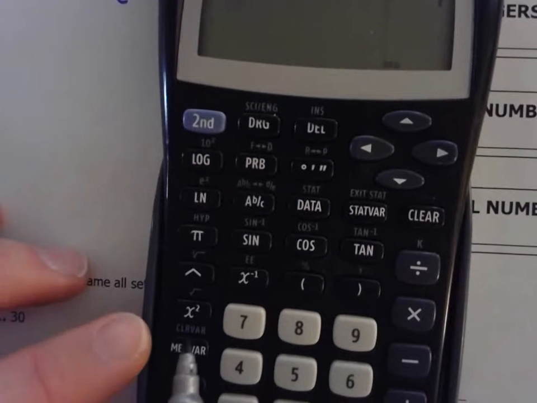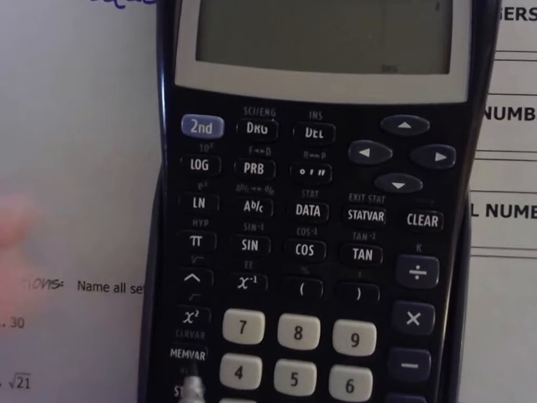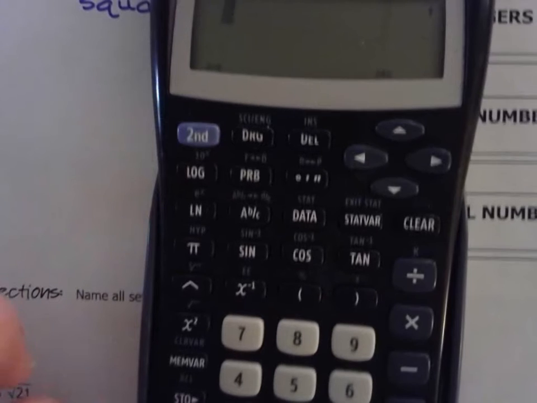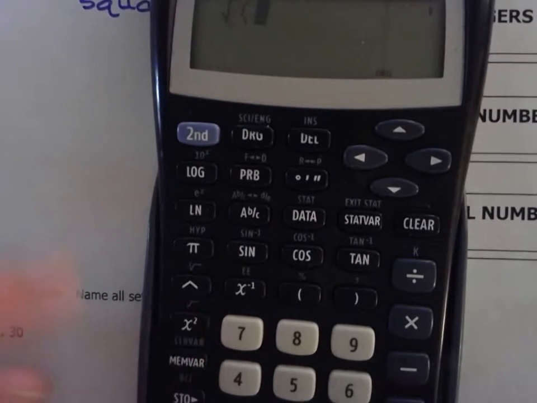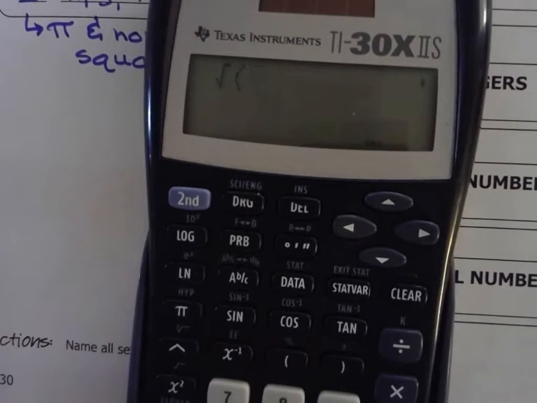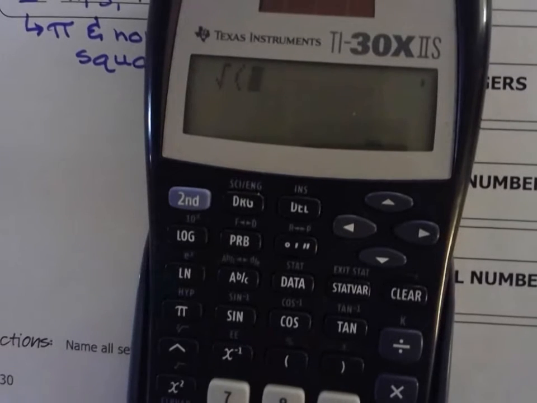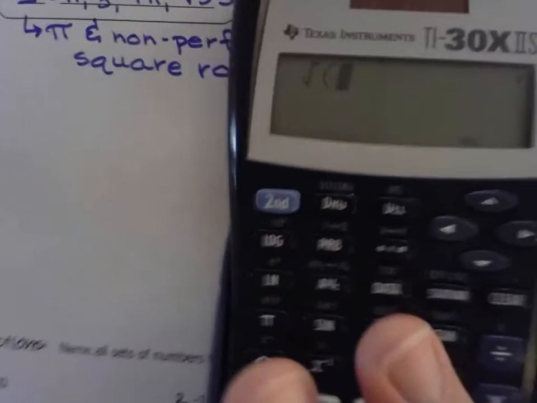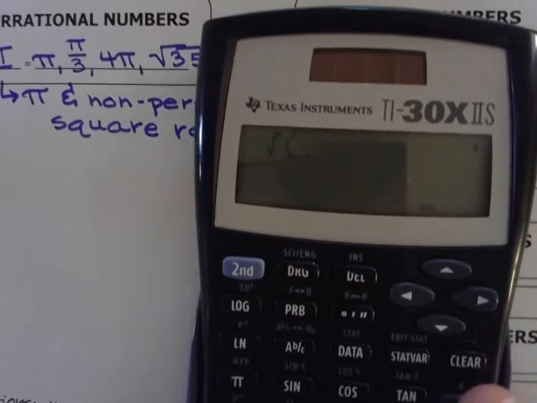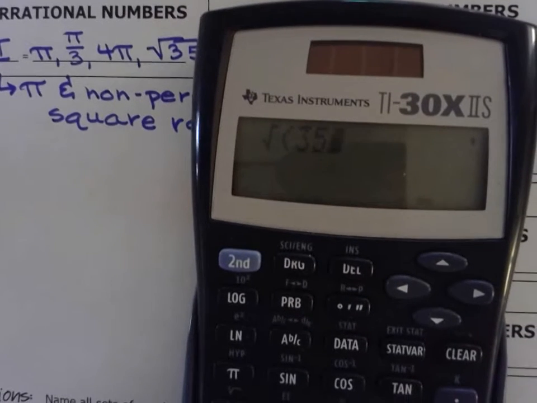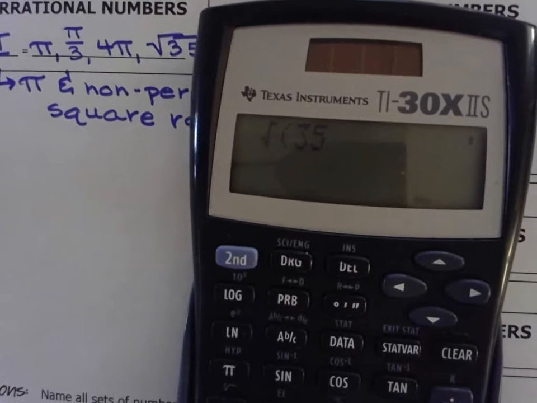The square root button is above the x squared, so you press the green second button at the top left and then the x squared button, and you will get the square root. If I want to know if the square root of 35 is a perfect square, I do the square root of 35. If it comes out as a decimal, it is not a perfect square.